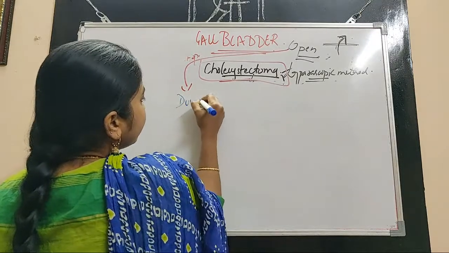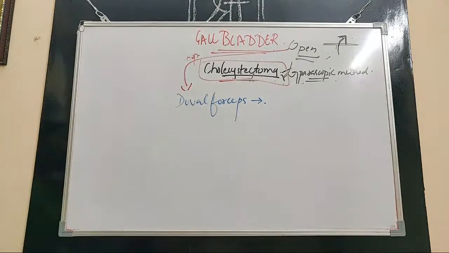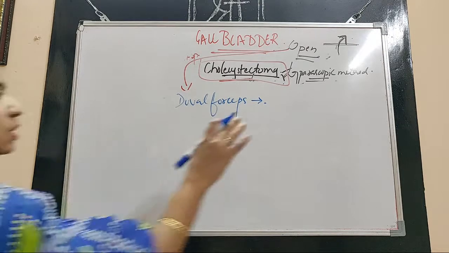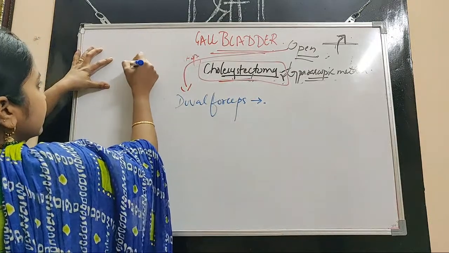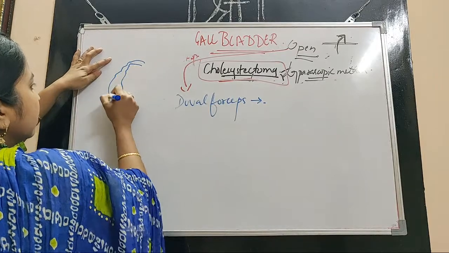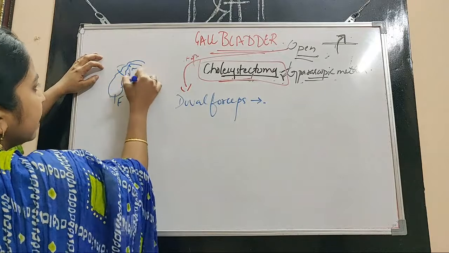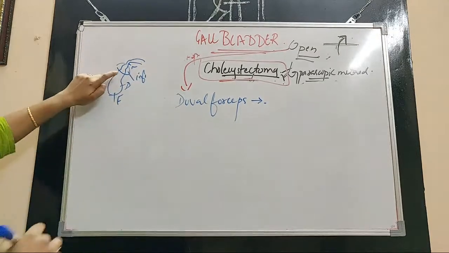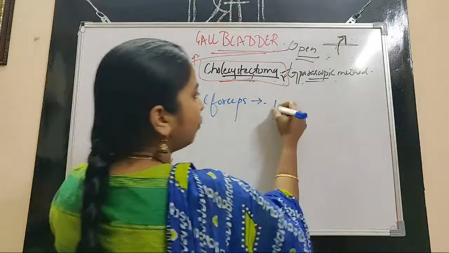Using the Duval forceps at the infundibulum of the gallbladder, the peritoneum covering Calot's triangle is put to a stretch. If this is the cystic duct, we have the neck, the body, and the fundus. If this is the neck, this is the infundibulum part. At this place the Duval forceps is applied and a stretch is made at the level of the peritoneum.